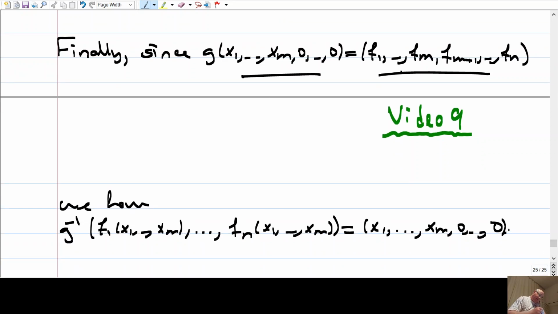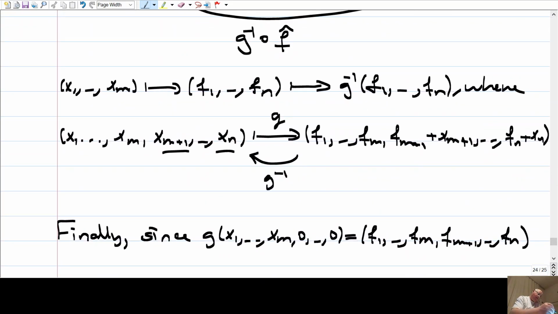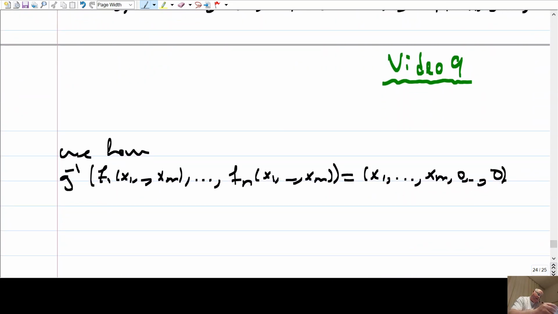And this is actually what we wanted to prove, because we wanted to prove that x1 up to xm is mapped to G inverse composition with f, and G inverse composition with f at x1 to xm is equal to this expression.